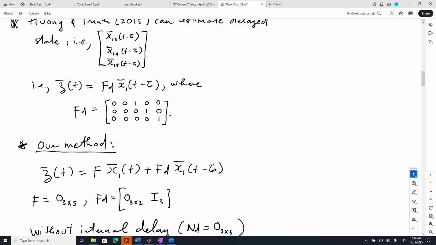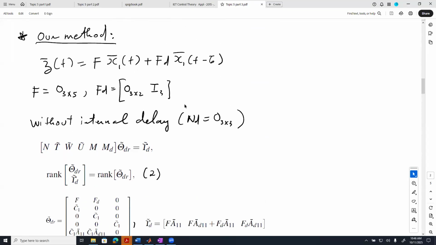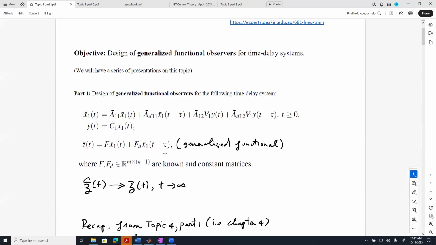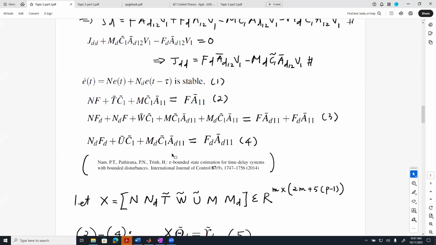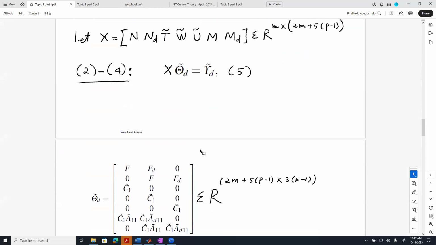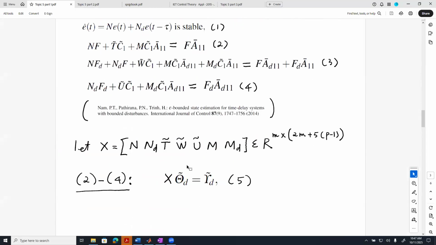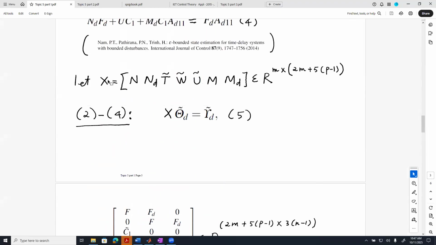Now, if we apply our design method, and then we employ an observer without internal delay, as we discussed previously in this topic, part 1, where we obtained the existence conditions, and then we put all those matrix equations stacked together, and then we derive the if and only if condition for the existence of the observer parameters.